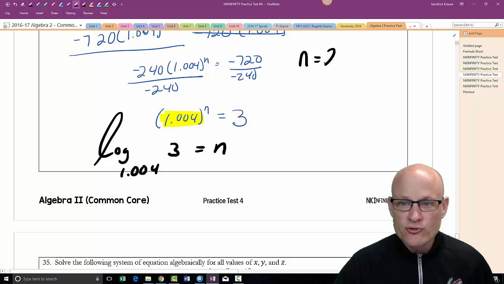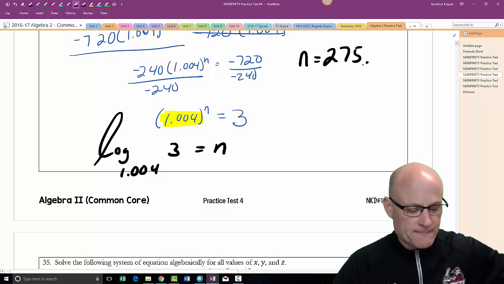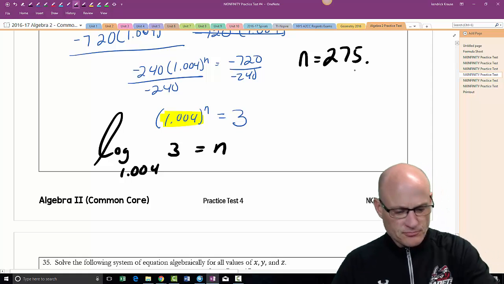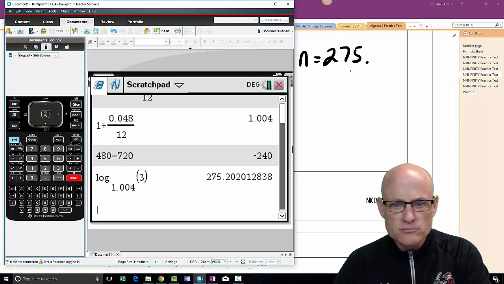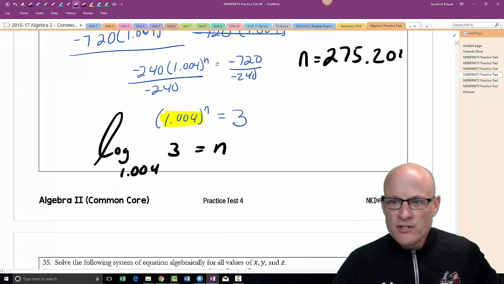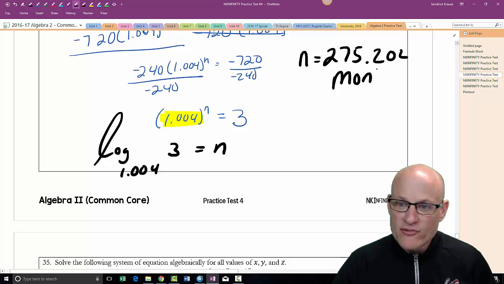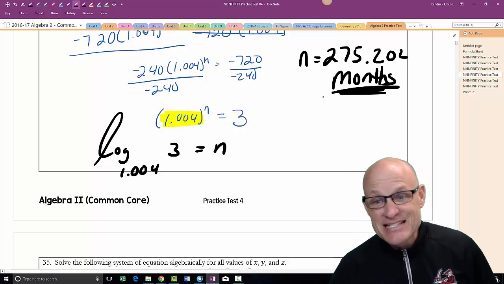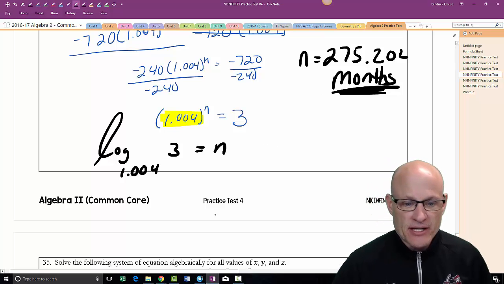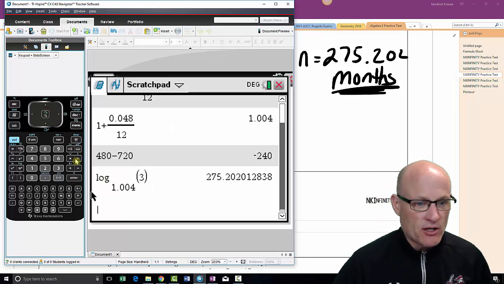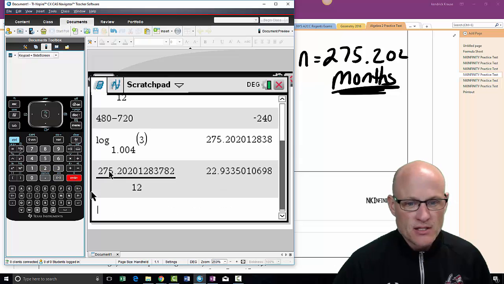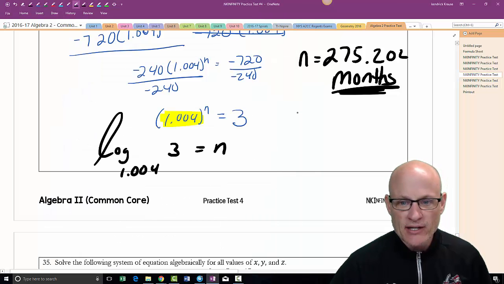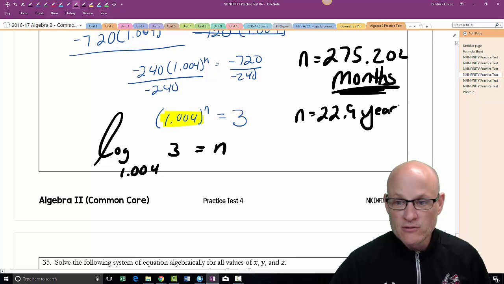So n equals 275.202. Now remember, this is months, not years. So to get years, I just divide by 12, and I get 22.9. So n equals 22.9 years.